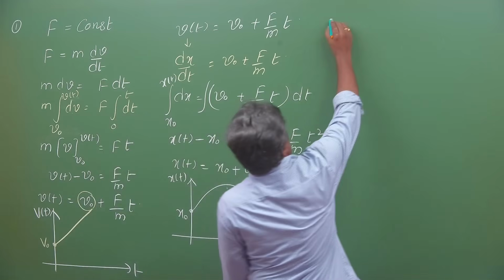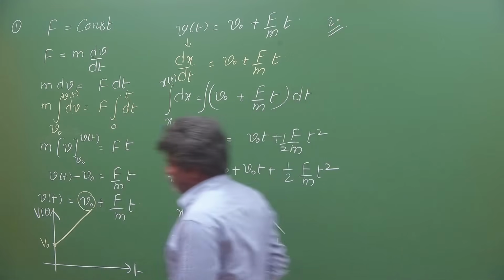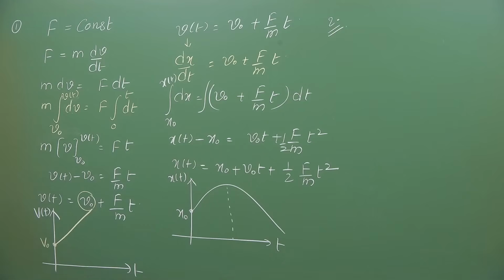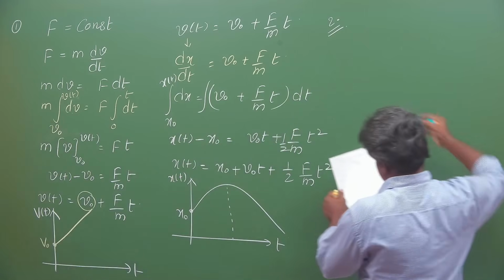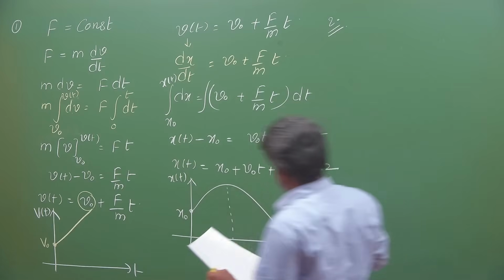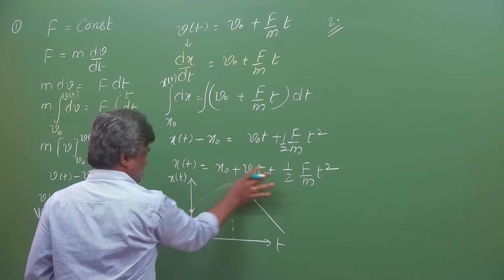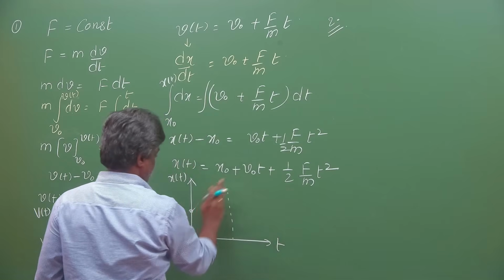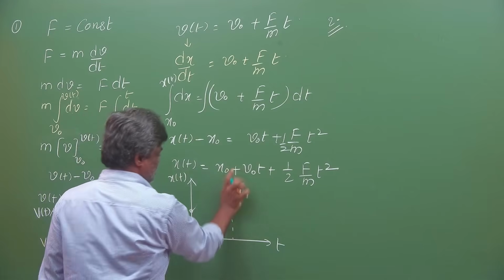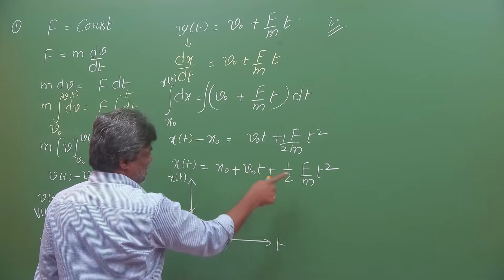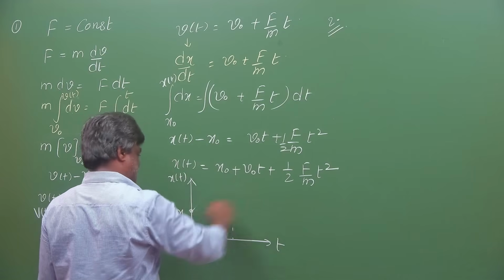Don't copy. I'll give the problems one by one. Please start doing. Oh, I think this is wrong. I'm sorry, it goes upward only. This is a t and a t square. I think it will go upward only.